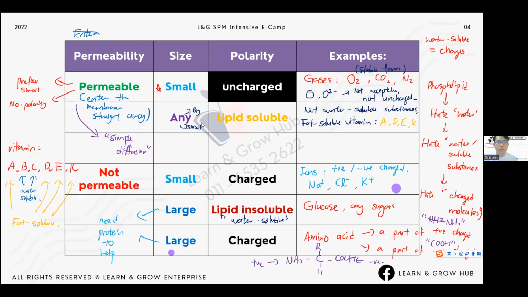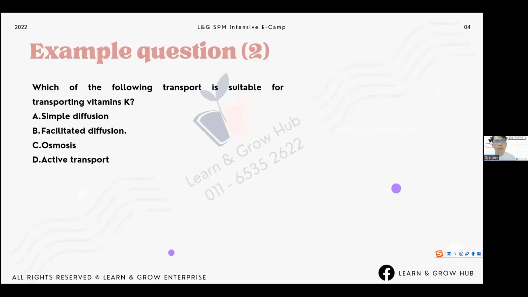Example question: which of the following transports is suitable to transport vitamin K? I guess this one is too easy for you now. Which one is the answer? I give you not even 10 seconds, okay, another 10 seconds. Miss Wei En and Miss Kaixin pick A. Any other possible answer?